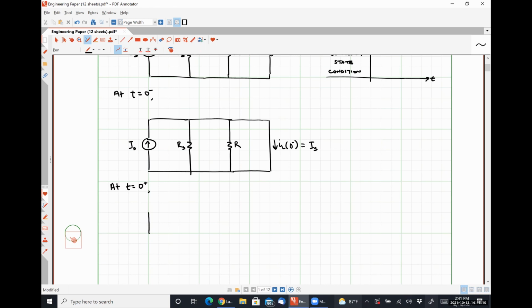So we're going to have our current source IS in parallel with our resistor RS. And then over here, we have our resistor R in parallel with our inductor L. There will be some inductor current. I'm going to call it IL at t is equal to 0 plus.